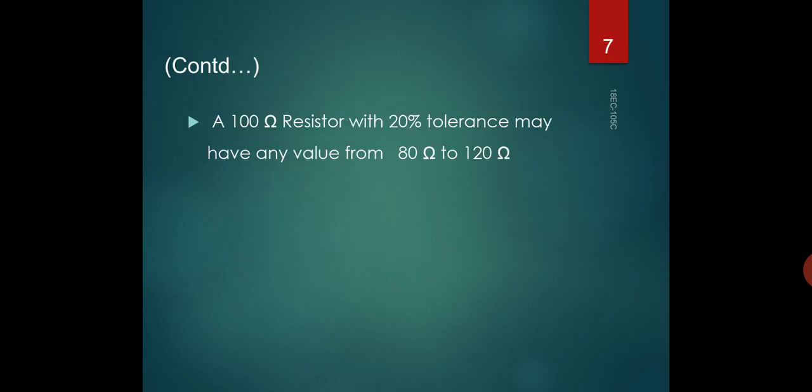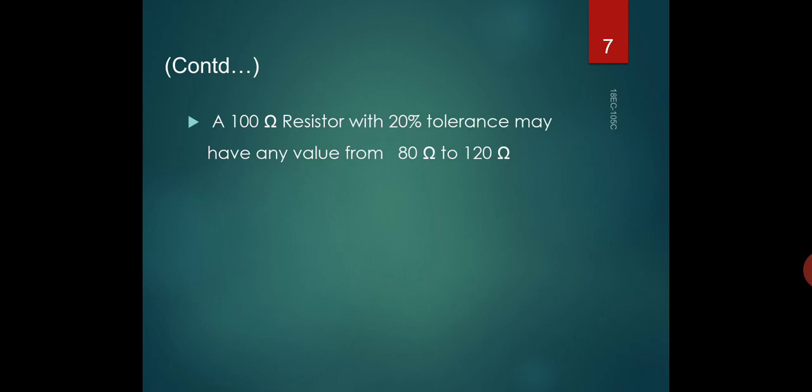A 100 ohm resistor with 20% tolerance will have any value between 80 ohms and 120 ohms. Why so? Because tolerance means plus or minus 20%, and 20% of 100 ohms is 20 ohms. So 100 minus 20 is 80 and 100 plus 20 is 120.